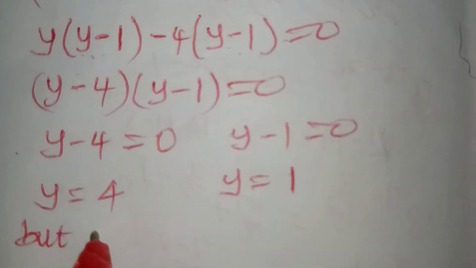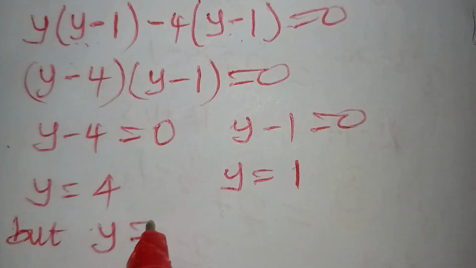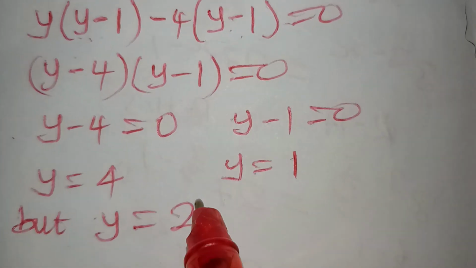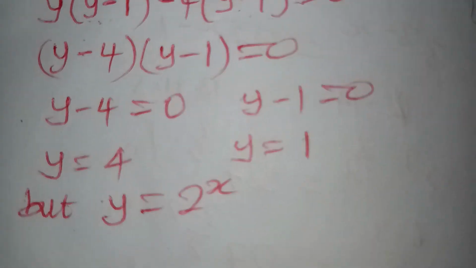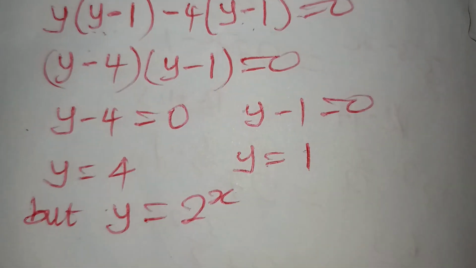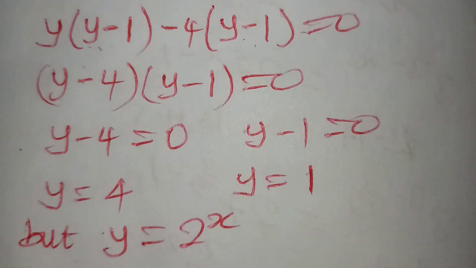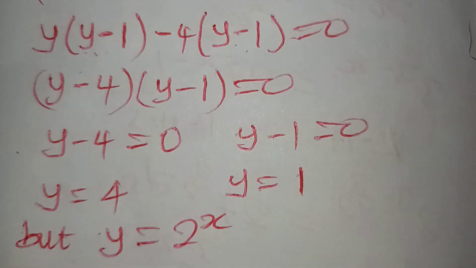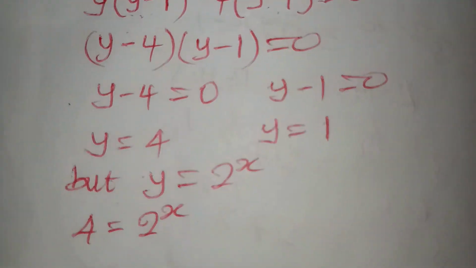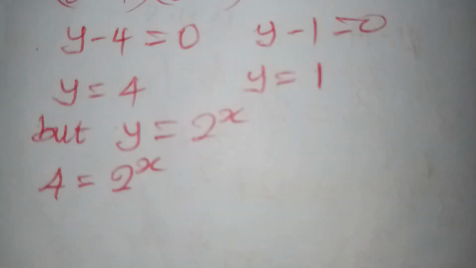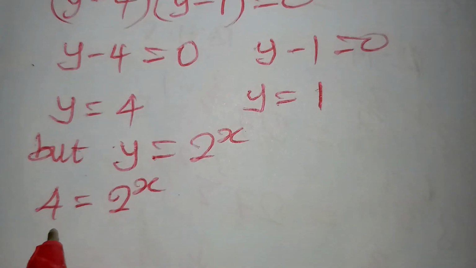But we know that y is equal to 2 exponent x, so we can do substitution here. If we consider y equal to 4, we have 4 equal to 2 exponent x.